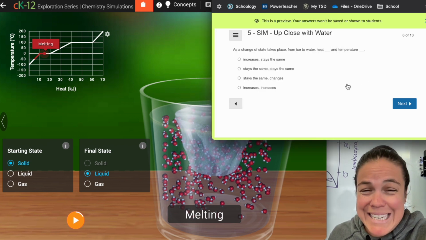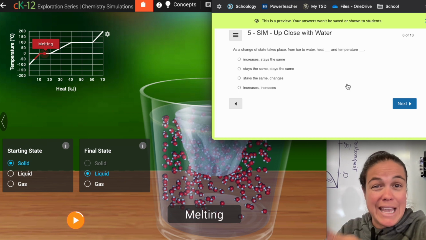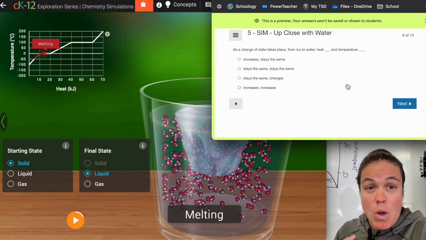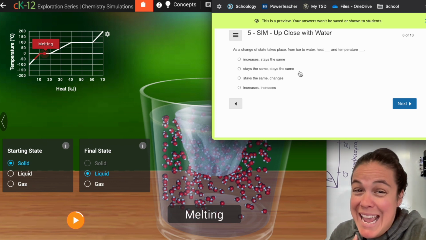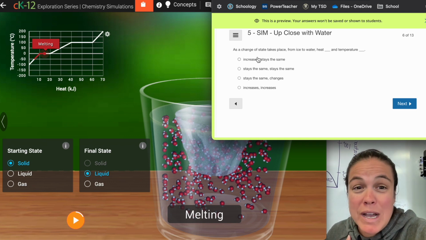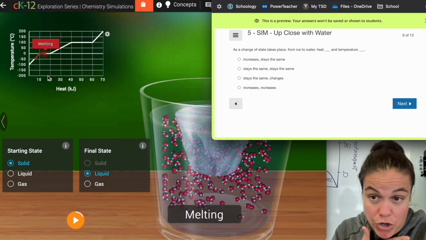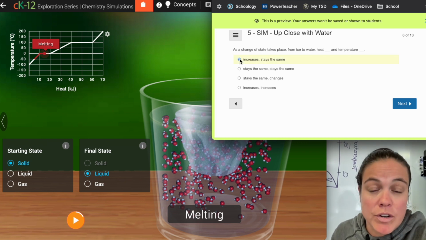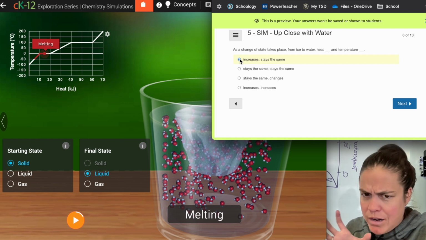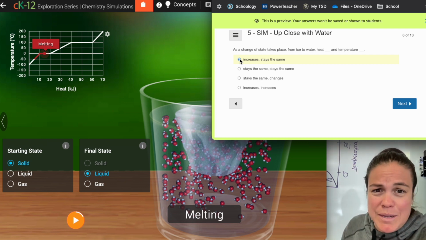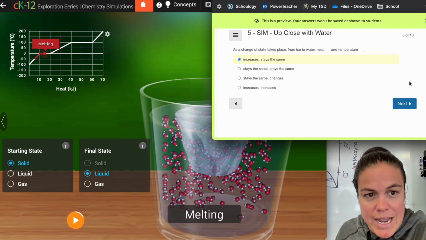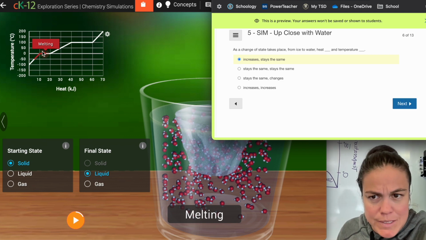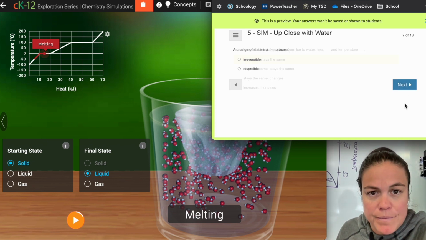So heat is going in to the system. All right. Temperature is staying the same. So heat increases with the graph. Heat is increasing from ice to water. We are putting heat into the system, but temperature is staying the same. All right, that's because we're at that flat part of the graph.